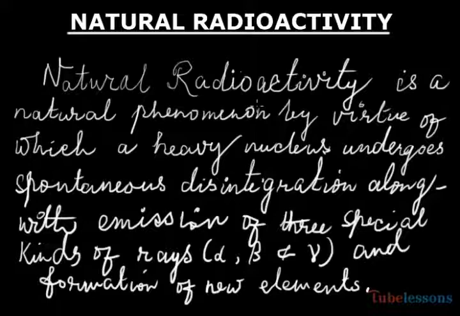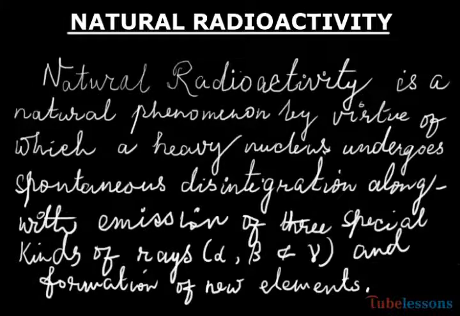That is, we can say precisely that natural radioactivity is a natural phenomenon by virtue of which a heavy nucleus undergoes spontaneous disintegration along with emission of three special kinds of rays, alpha, beta, gamma, and formation of new elements. So natural radioactivity is a combination of three phenomena.